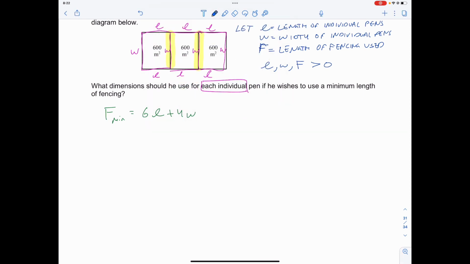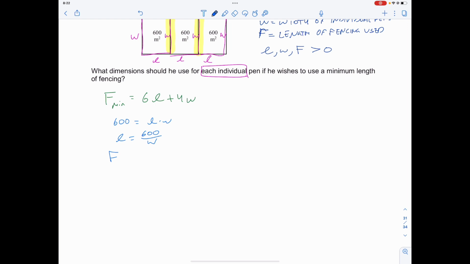If each pen is 600 meters squared, then the area, which is length times width, is going to give me a length of 600 divided by the width, which means that the amount of fencing used is 6 times 600 over W plus 4W, or the amount of fencing is going to be 3,600 times W to the negative 1 plus 4W.